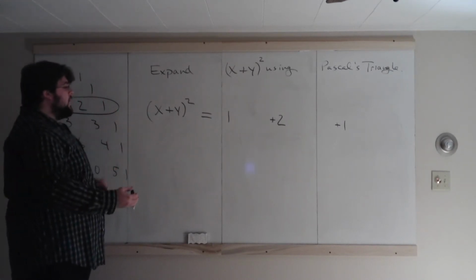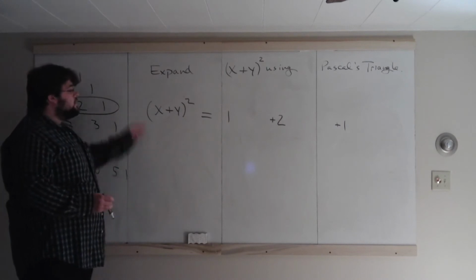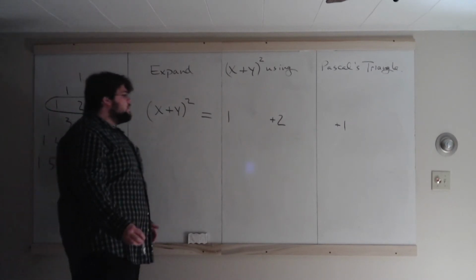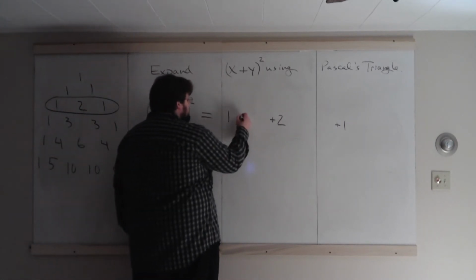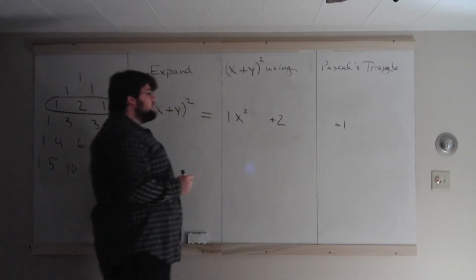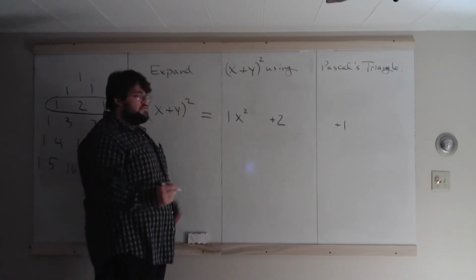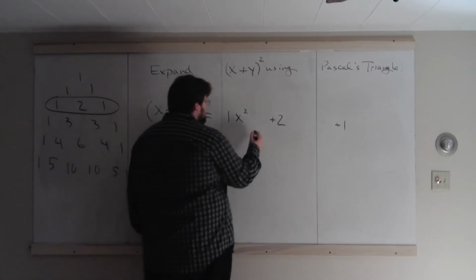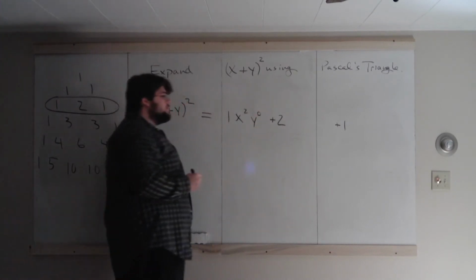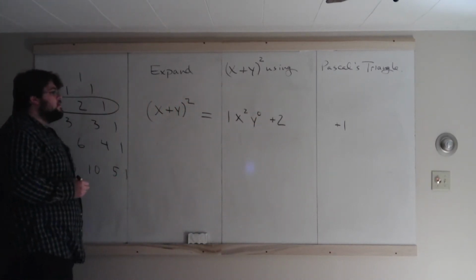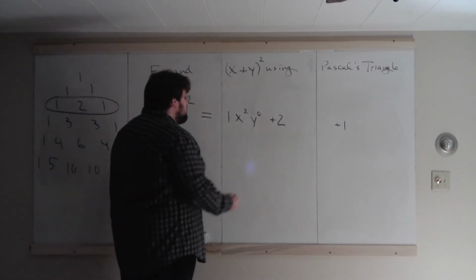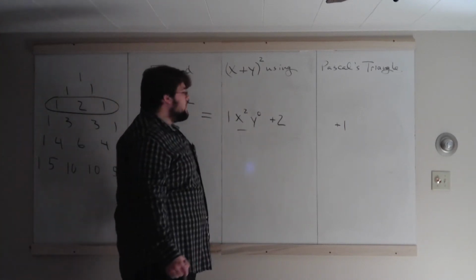Let's not work backwards here. What we're going to do is start by putting 2 x's on the first thing. Well, we want 2 total letters. If we put 2 x's on the first thing, that would leave us with 0 y's on the first thing.